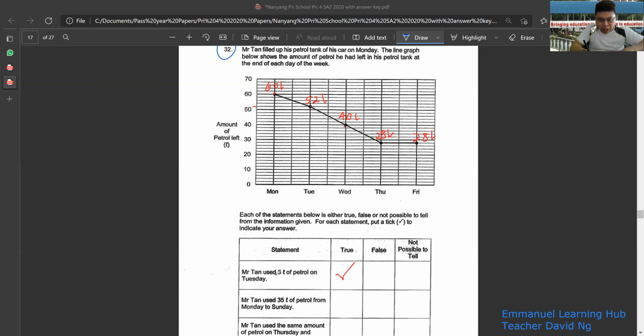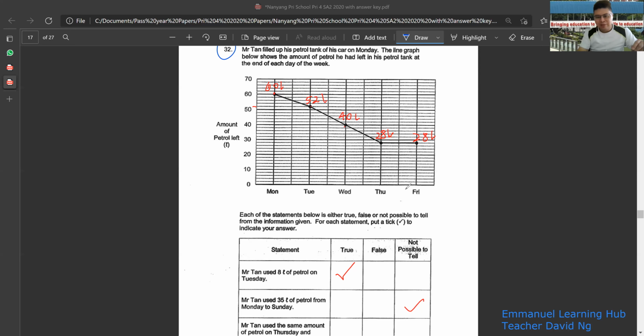Okay, then after that, Mr. Tan used 35 liters of petrol from Monday to Sunday. This one is not possible to tell. You know why? Monday to Sunday. You look at the information here. You only have Monday to Friday.